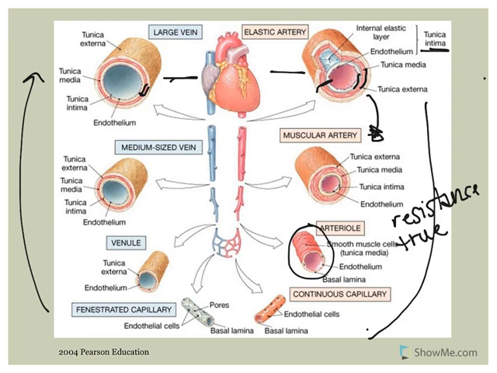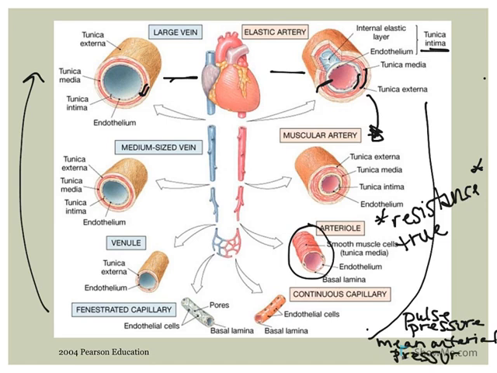But arterioles, please write this down because we're going to encounter this again at some point. Arterioles, specifically resistance arterioles, a big thing that they're responsible for is reducing something called pulse pressure and reducing mean arterial pressure.